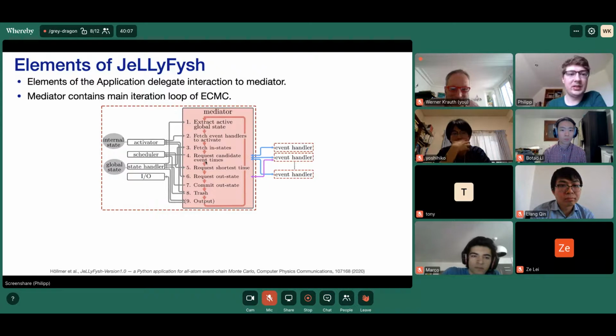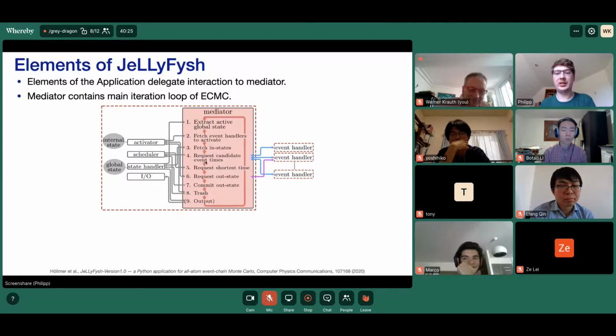It means that all our elements of the application, which I will introduce shortly, delegate their interaction to the mediator. Why is this good? Because this design is usually very easily expandable, because you can just add new elements and expand your mediator with the interaction. And also you can easily change the elements independently from each other.